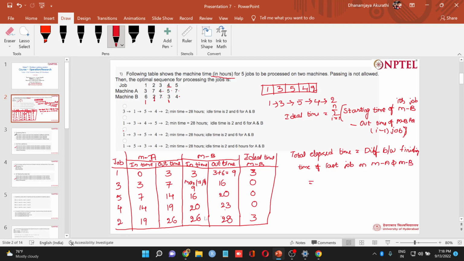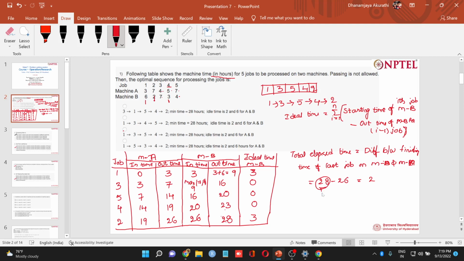The finishing time of the last job on mission A is 28 and on mission B is 26. Sorry, mission B and mission A. That is equal to 2 hours. Here, the total elapsed time is 28 hours to complete the last job on all the missions. The time to process is 28 hours.